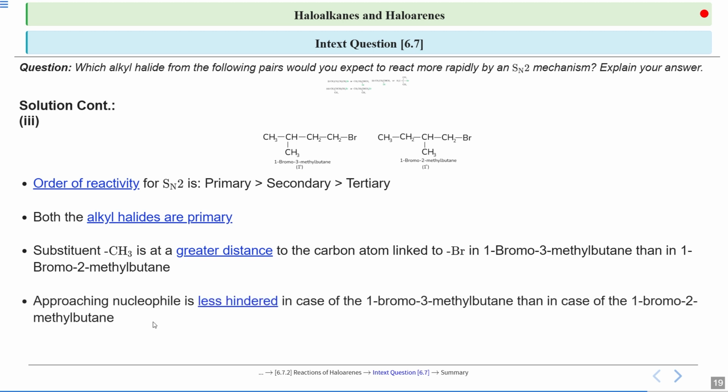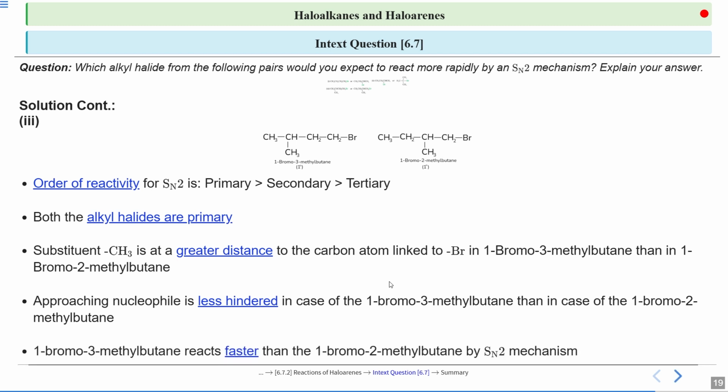So the approaching nucleophile is less hindered in the case of 1-bromo-3-methylbutane than in 1-bromo-2-methylbutane. So 1-bromo-3-methylbutane will react faster than 1-bromo-2-methylbutane by the SN2 mechanism due to lesser steric hindrance.